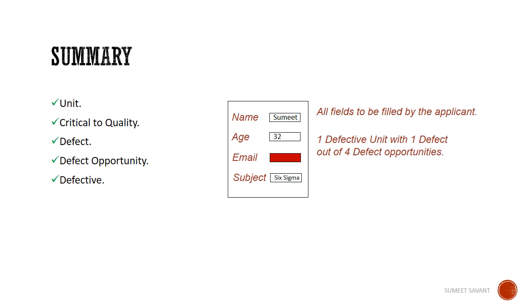Hence, each field provided a unique defect opportunity, which means the form had four defect opportunities. One field, that is the email, was not filled. Hence, the form has one defect. And since the unit, that is a form, had a defect, the form can be called a defective.